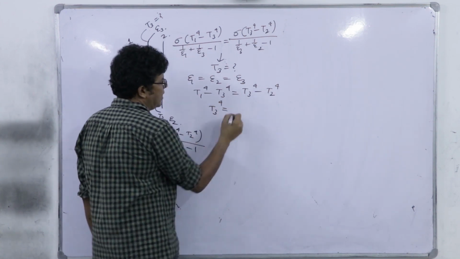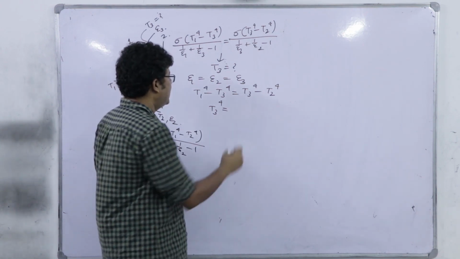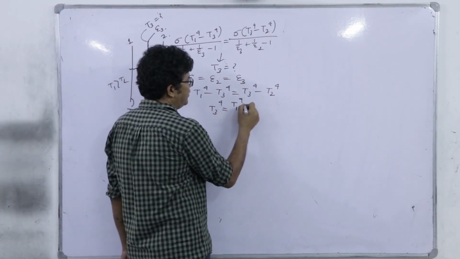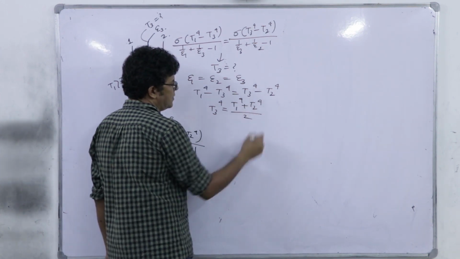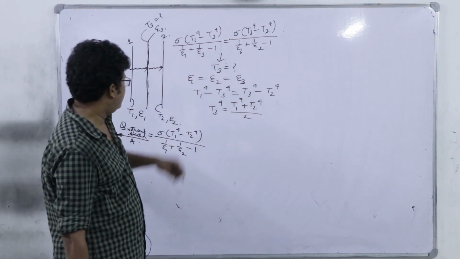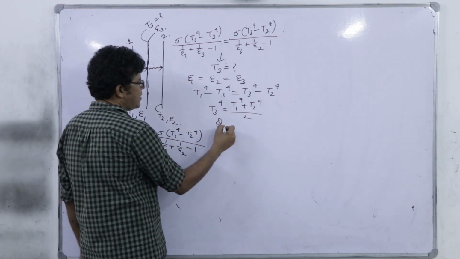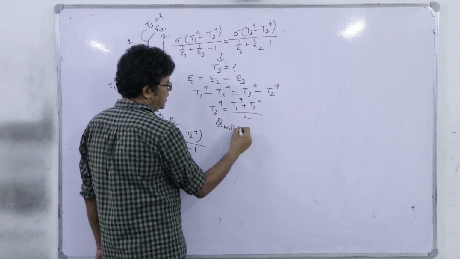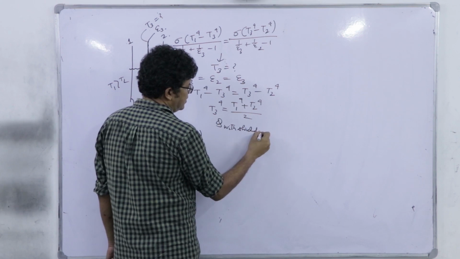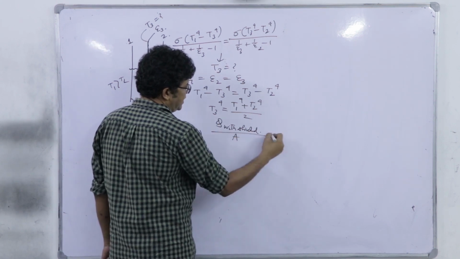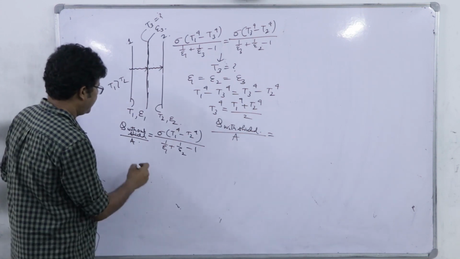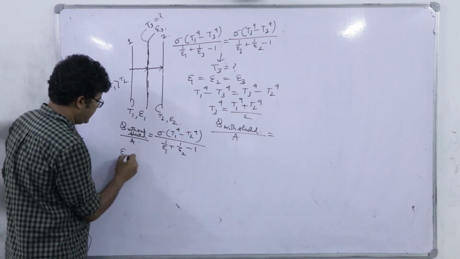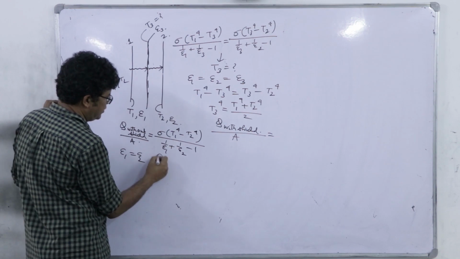So, the fourth power of the shield temperature will be simply the arithmetic mean of the fourth power of source and sink temperature, right. So, for that, Q with shield divided by A for epsilon 1 equal to epsilon 2 equal to epsilon 3, and here for this case epsilon 1 equal to epsilon 2.